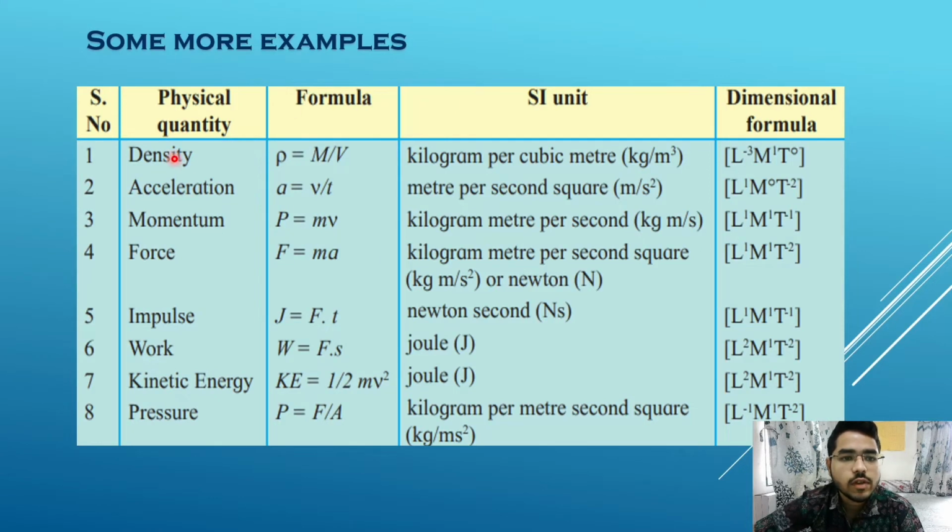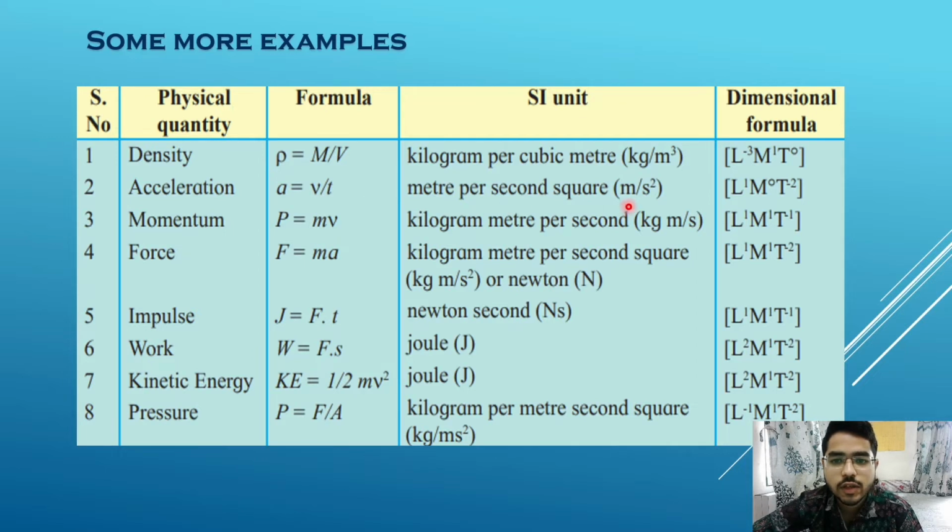Okay. Now turning to the next slide. More examples of derived physical quantities. Density is equal to m by v, that is kg per cubic meter. Its dimensional formula is L raised to minus 3, M raised to 1, T raised to 0. Naught means 0. Acceleration is given by a is equal to v by t.